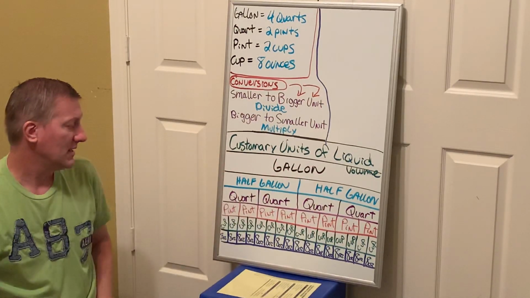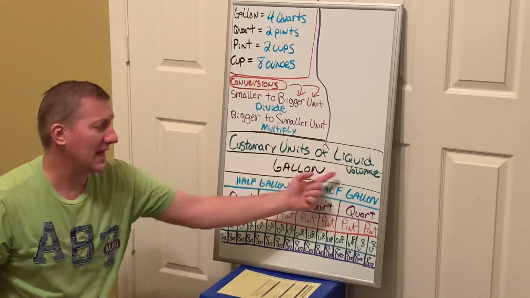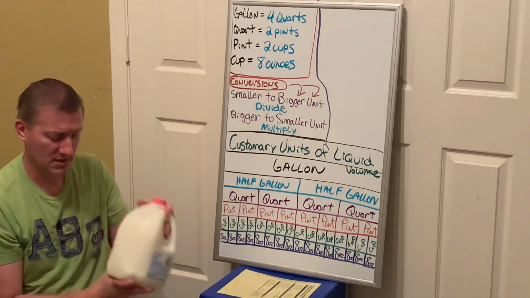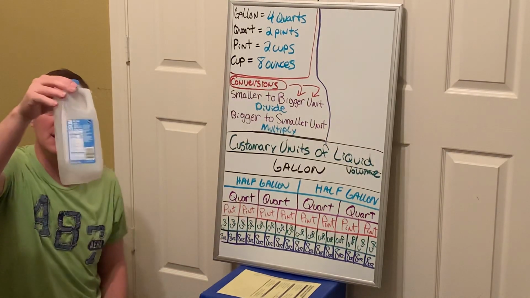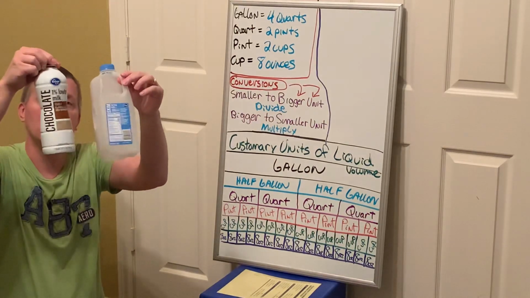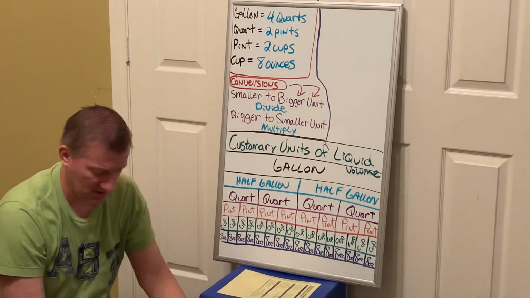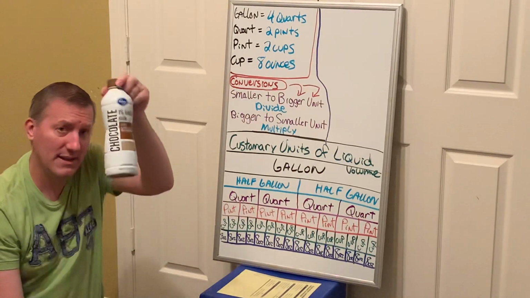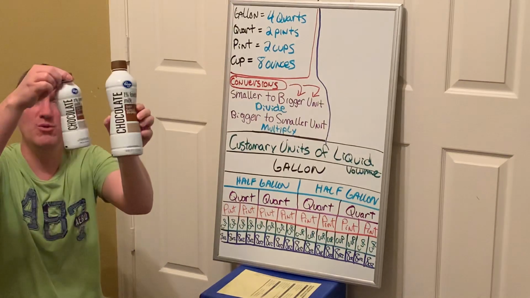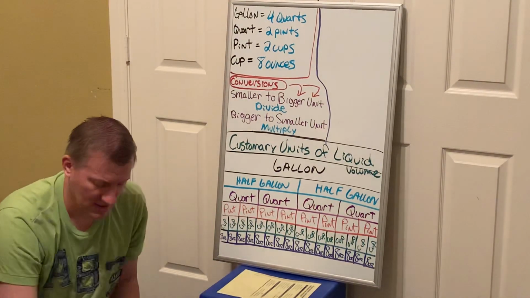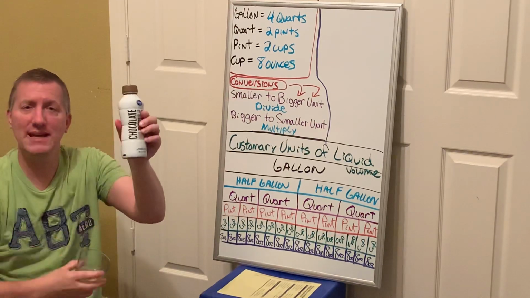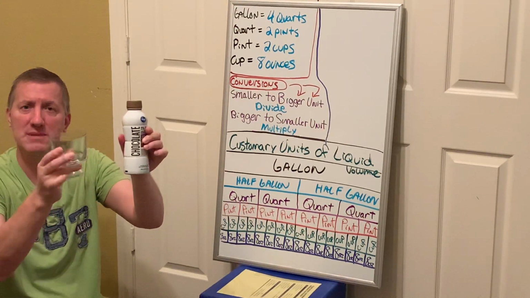So if you start from the top and go down, 1 of these is 2 of these. 1 of these, this is a quart. 1 quart is 2 pints, and 1 pint is 2 cups.